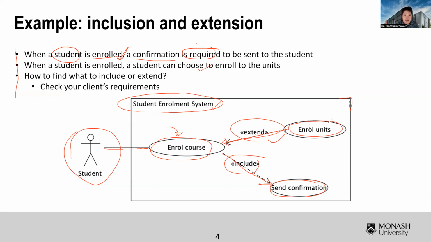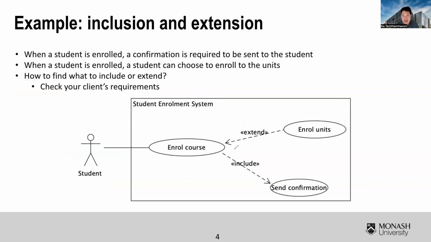And the most important part, that most of the students get confused about, is the arrow. Very tricky. When we use the include, it is directed this way, but when we use the extend, it is the other way around. Okay, enroll unit is the use case that extends the main enroll course.